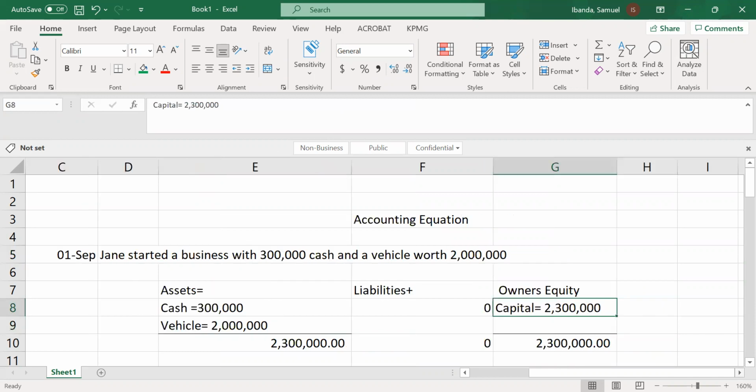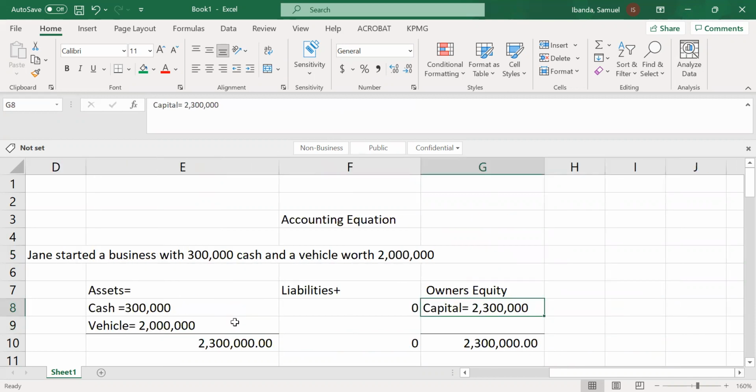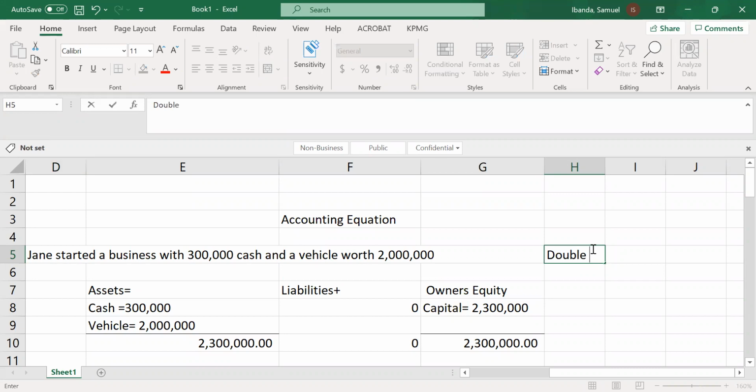We have seen that in the accounting equation, we have cash 300,000, vehicle 2 million, and capital 2.3 million. This is how it affects the accounting equation, but how would it be within the ledgers? When you're recording transactions in the ledgers, we follow what is called the double entry principle, which says that for every debit, we should have a corresponding credit.